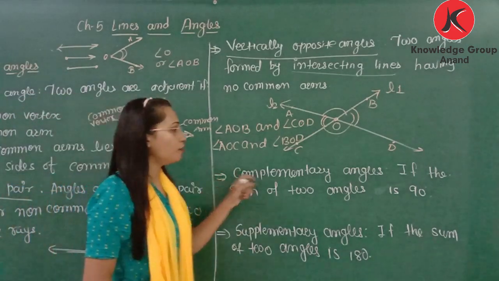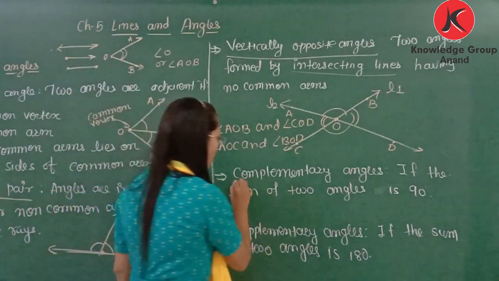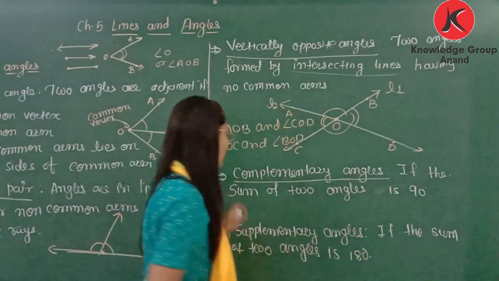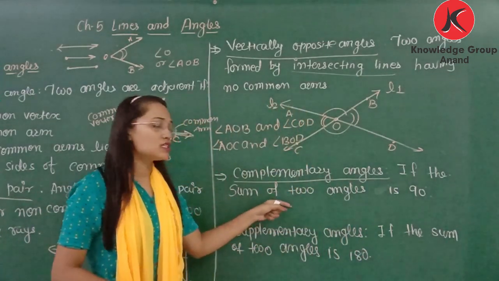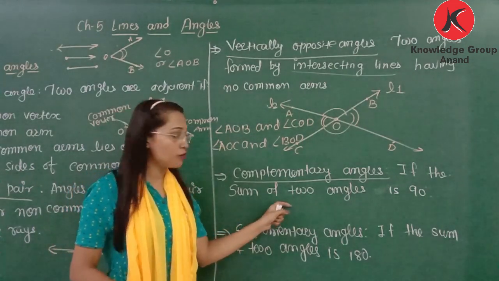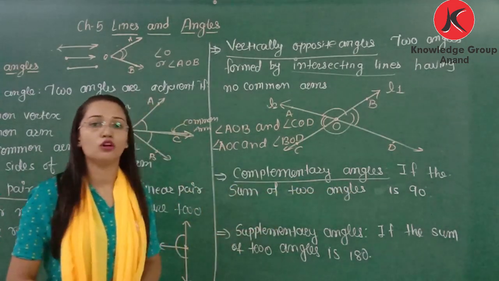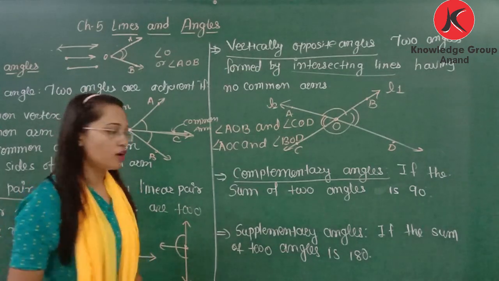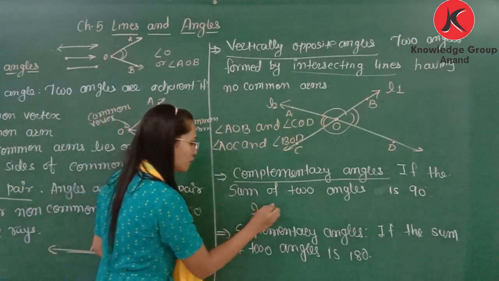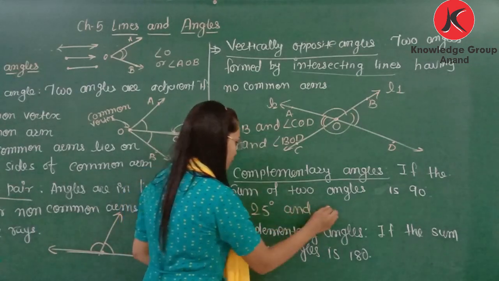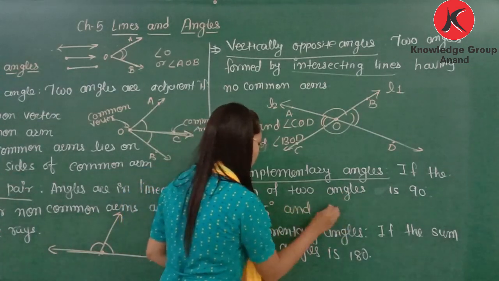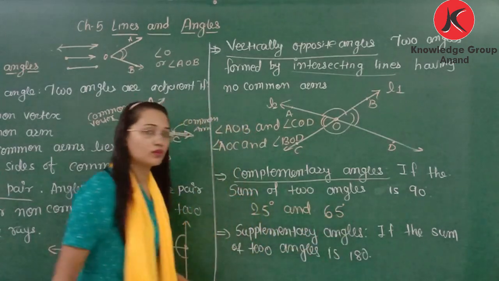Now next, complementary angle. What is a complementary angle? If the sum of two angles is 90 degrees. If we take the sum of two angles and we get 90, then they are called complements of each other. For example, one angle is 25 and the other angle is 65.